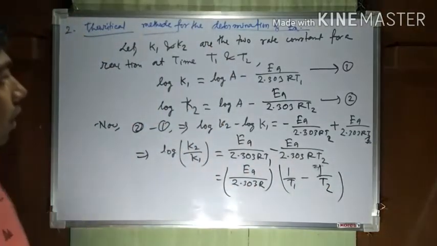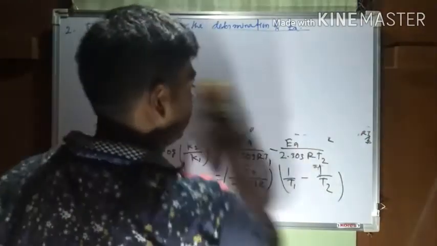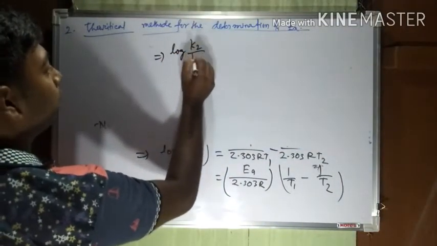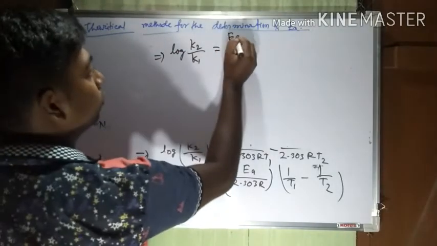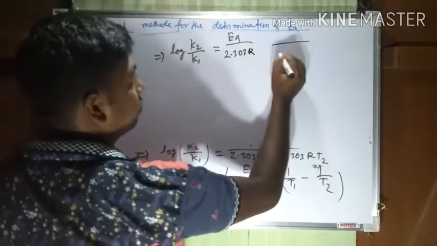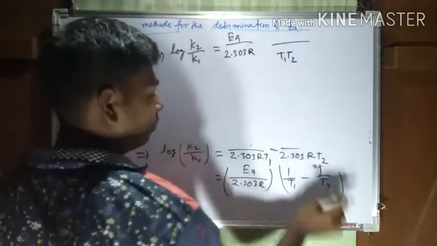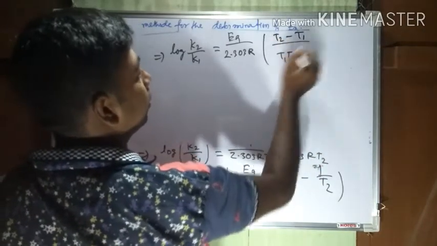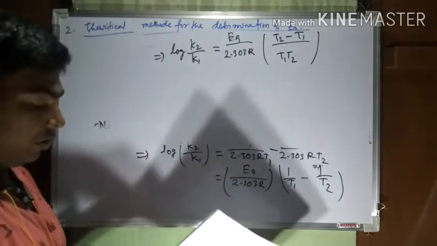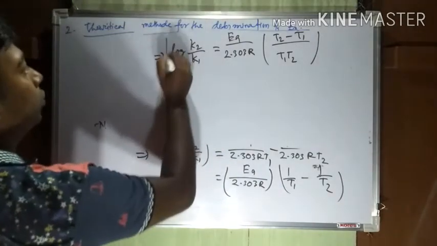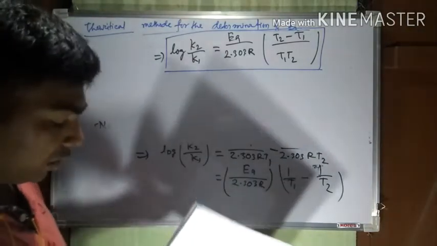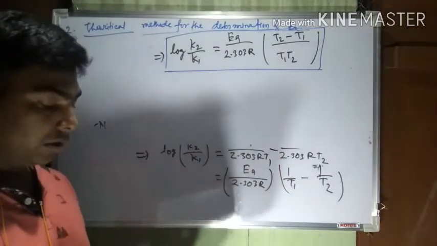Writing it out, log of K2 by K1 equals EA by 2.303 R times, taking the LCM of T1 and T2, T1 T2, the numerator becomes T2 minus T1. Okay, therefore this one is the main equation to determine the activation energy for a reaction by the theoretical method.